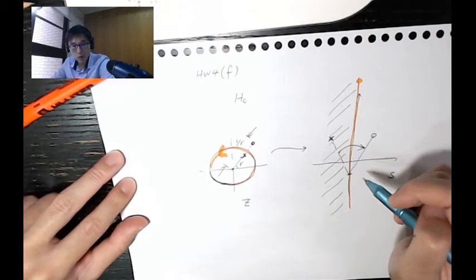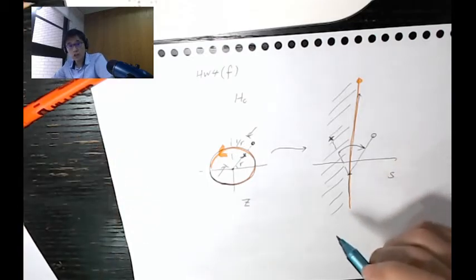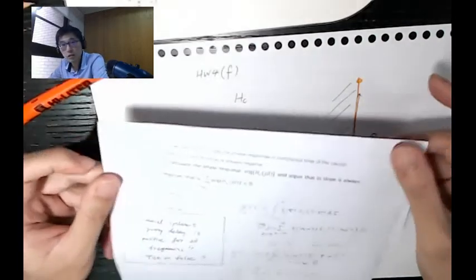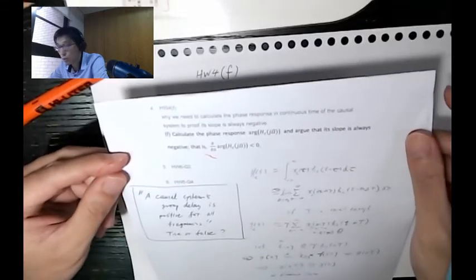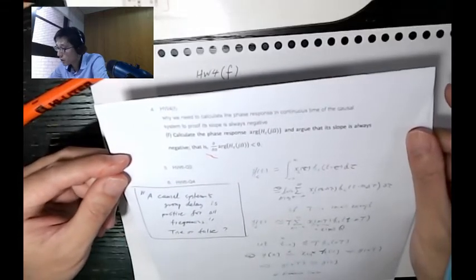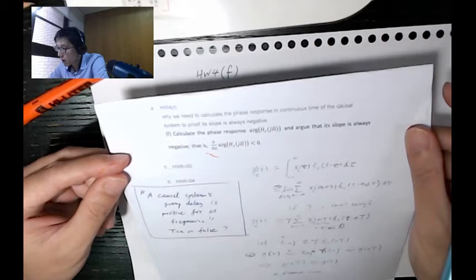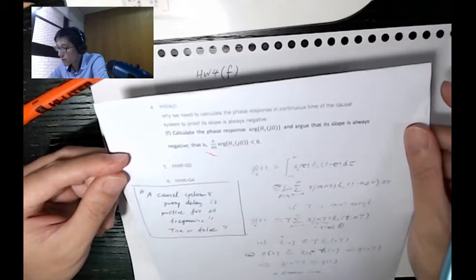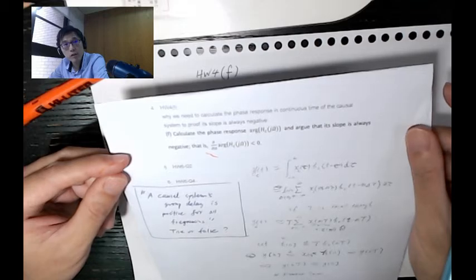So then this question occurs again. Your fellow student is asking, why do we bother to show that the slope of the phase response is negative?